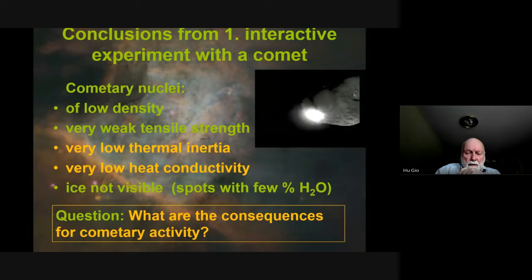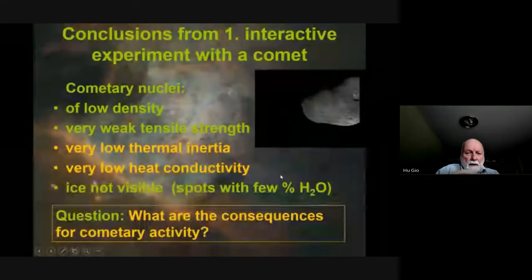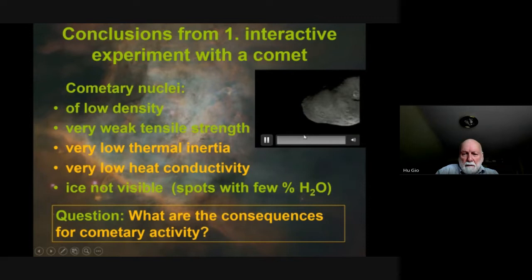So the conclusions from the first interactive experiment, in the sense of the impact, which you can see on the right-hand side, are that comets are very low density and very weak. This is by modeling the impact, but with large error bars, because the observations of the resulting crater were not very precise.